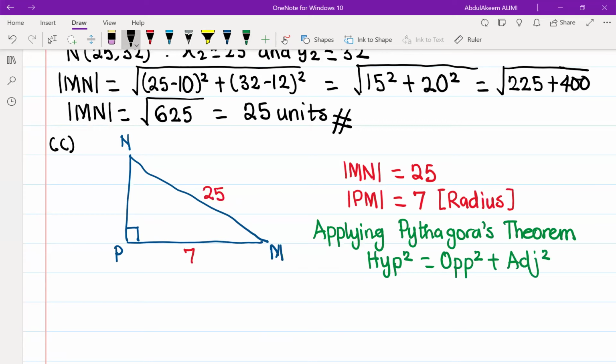So what do we have here now? What is my hypotenuse? That's line MN equals line PN plus line PM all squared.